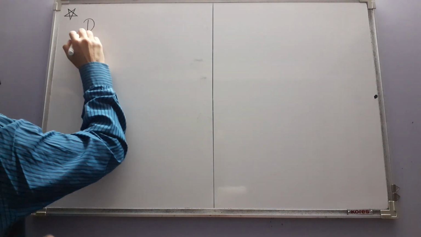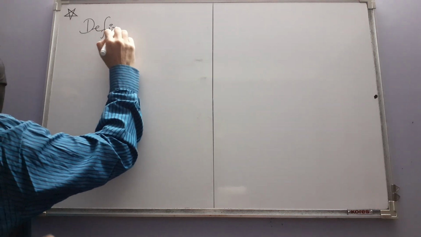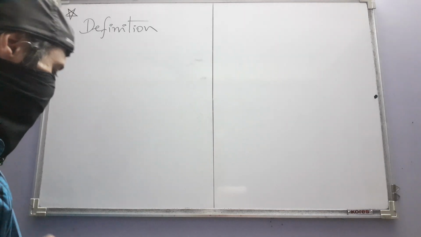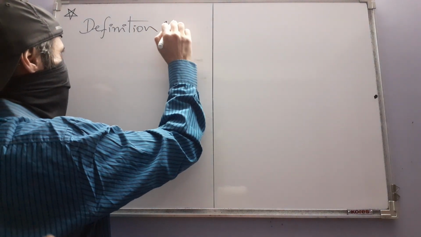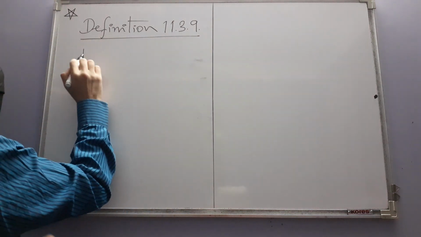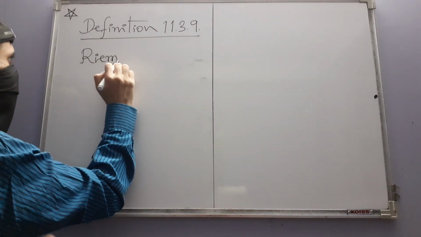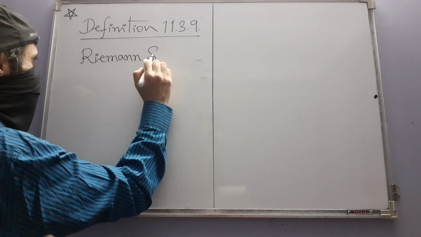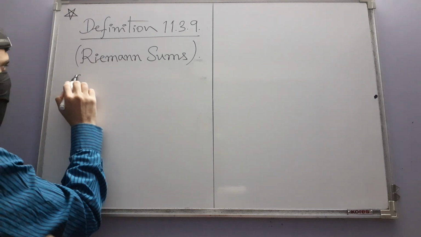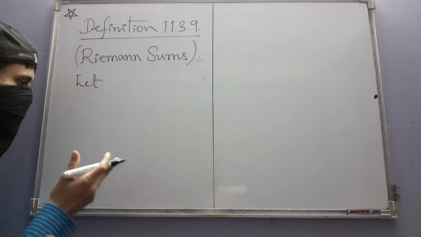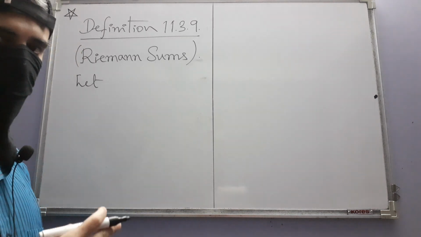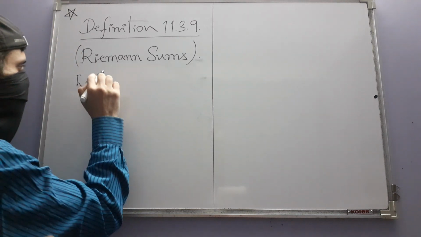So this is definition 11.3.9, Riemann sums. The beginning of almost everything here is the same. We have a bounded interval and we have a real valued function with that interval as its domain.